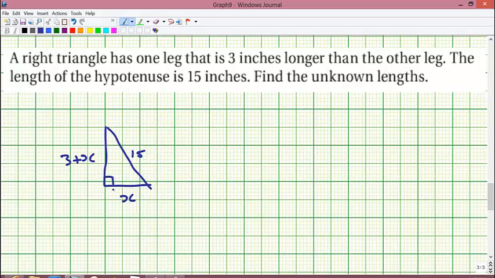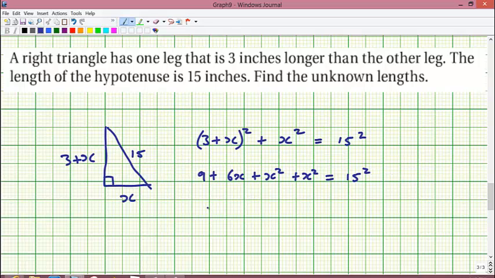Find the unknown lengths. This seems to be quite straightforward. We'll use the Pythagorean theorem. So (3 plus x) squared plus x squared equals 15 squared. Let's simplify that. This is going to give us 9 plus 6x plus x squared plus x squared again equals 15 squared.